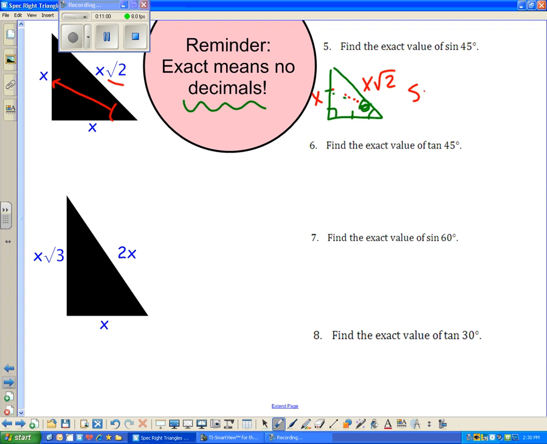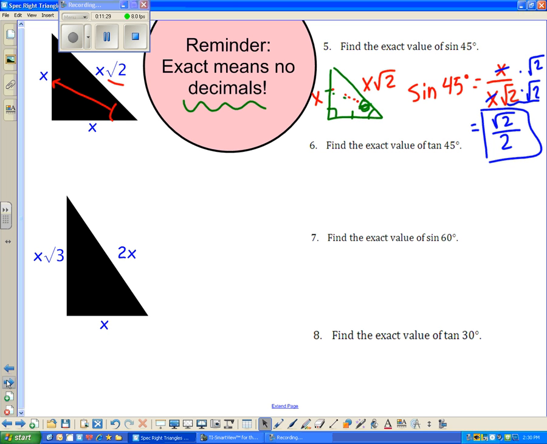So that means sine of 45 is equal to x over x root 2. I can't leave it like that. So I multiply by the square root of 2, top and bottom. x over x cancels out, and I'm left with the square root of 2 over 2. There's your value.